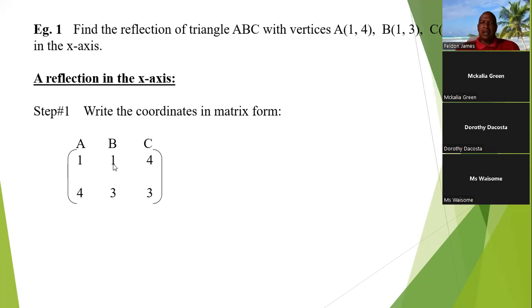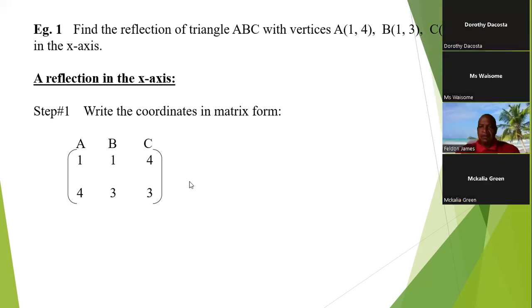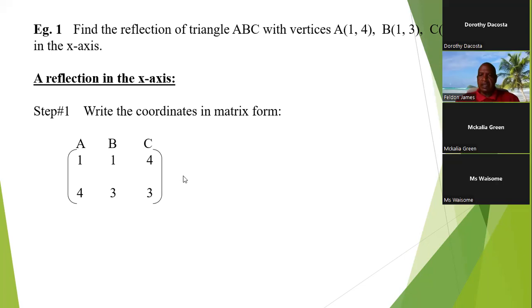For B, 1 above, 3 below. And for C, 4 above and 3 below. So this would be your pre-image coordinates. Raise your hand if you're following me so far, guys. Raise your hand if you follow how to write your pre-image coordinates in column form.